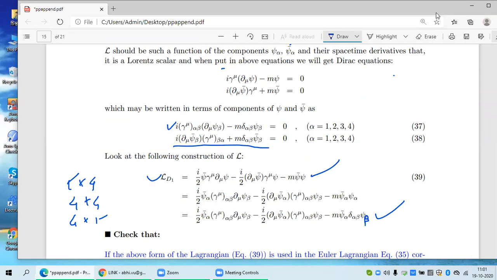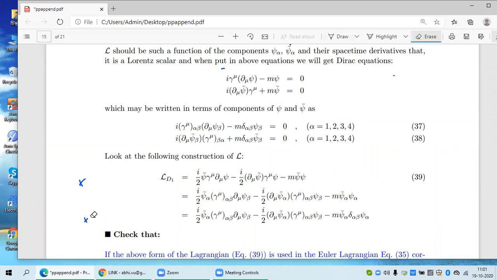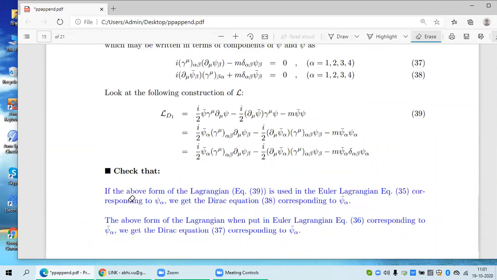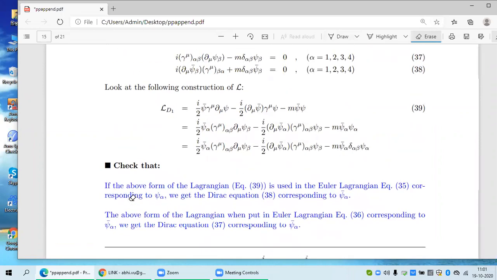Clear? So you can get that. Is it clear? You can ask me if you have any doubt.